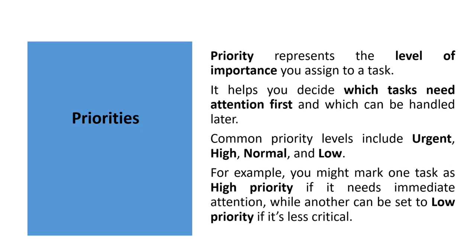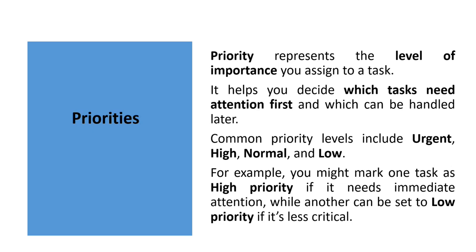So let's move on to priorities. Priorities can be used to define the importance of tasks. Not all tasks are equally important, so we can categorize them as urgent, high, normal, and low. There are a number of key points we should keep in mind.